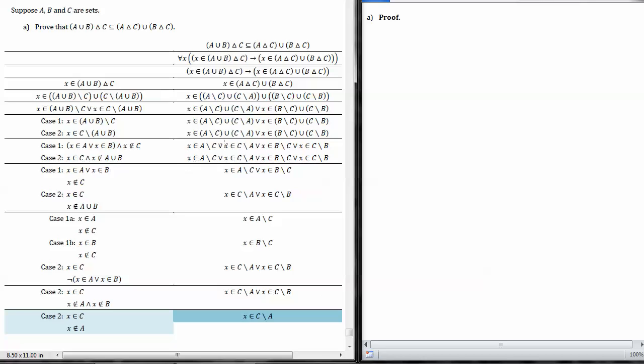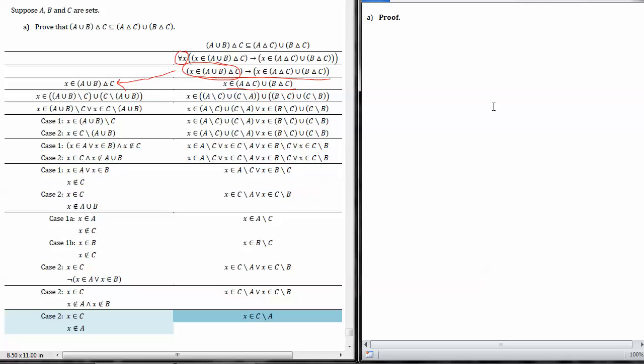So that's how things work out. Now let's see if we can write all that down. First thing we did was to let x be arbitrary to get this conditional statement as a goal. And then we tried direct proof by supposing that we knew the antecedent, which left us with this goal.